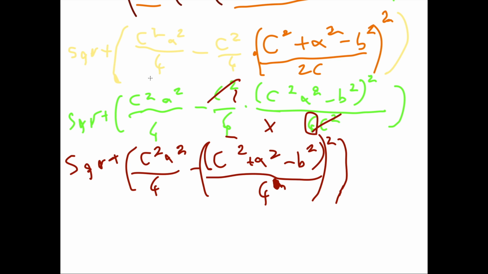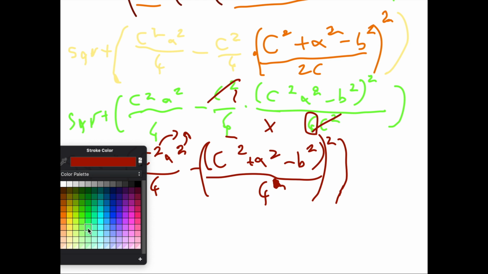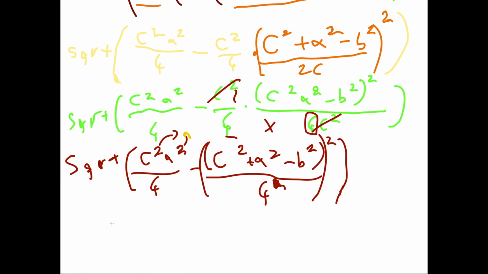And then if we take this 2 up here and take the square root of it, then we get the square root of CA divided by 2 squared, and this whole thing squared, like this.